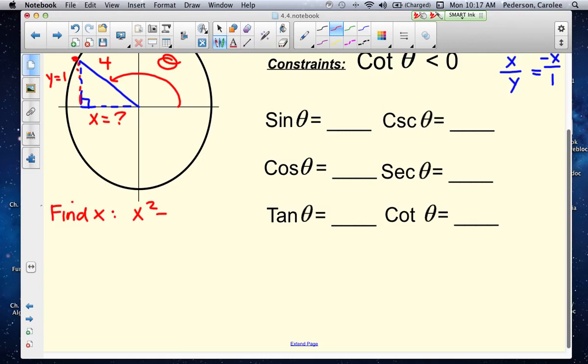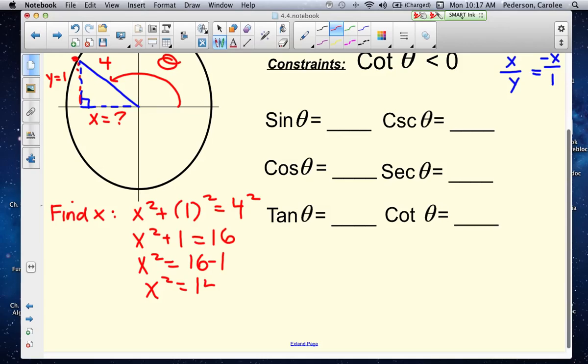So x squared plus y squared equals r squared. So x squared plus 1 equals 16. Subtract, and you get 15. Square root it. Square root of 15.